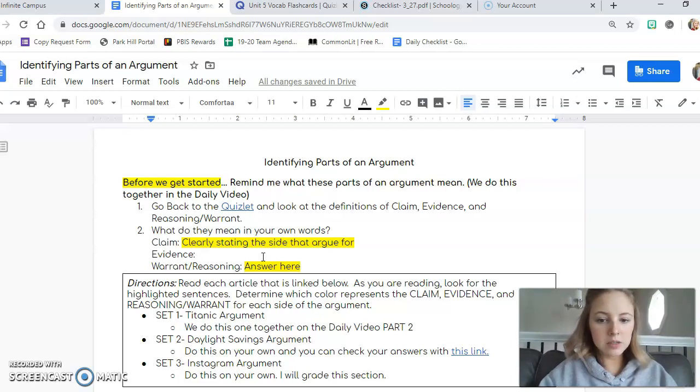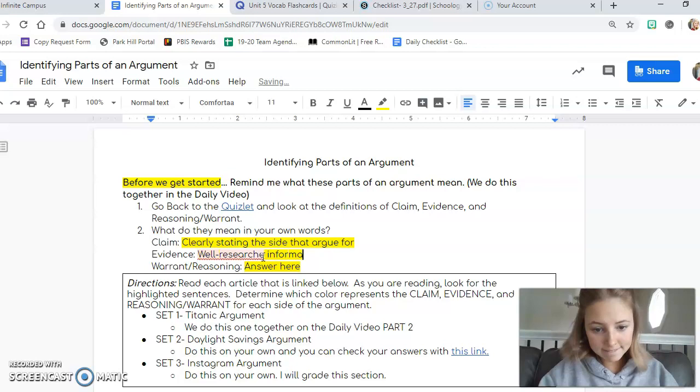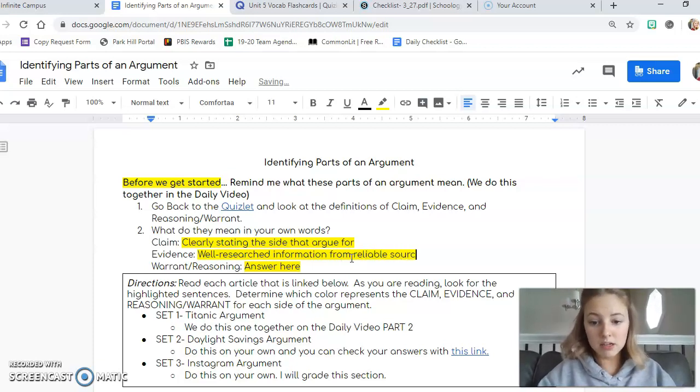Okay, so we're looking for proof. Proof in an argument might look like well-researched information from reliable sources. Throw back to Unit 2 and research there. This is going to become pretty important.